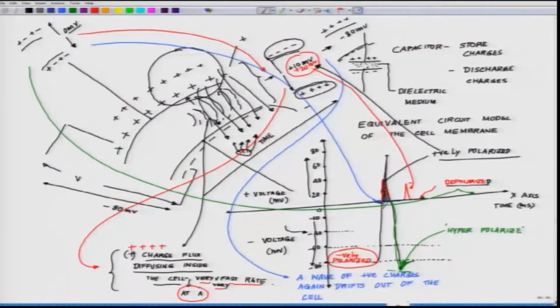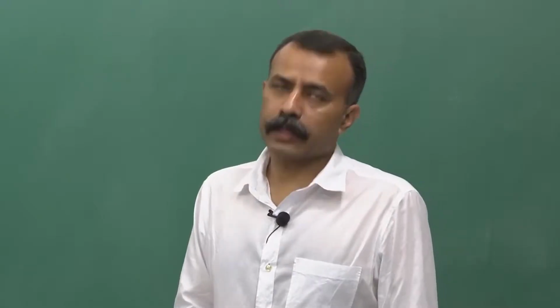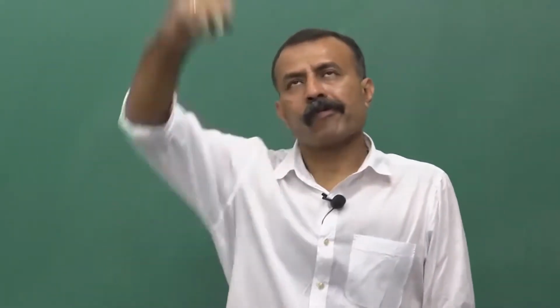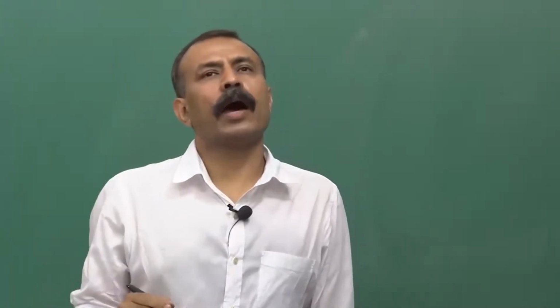Non-excitable cells maintain this value of minus 80 all their lifetime, whereas contrary to this, excitable cells very transiently change their polarity.